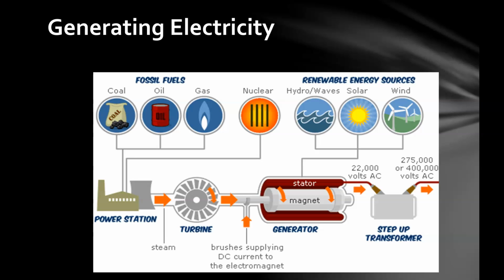You already know that Canadians use over 2 times 10 to the power of 18 joules of electrical energy every year. And so where does all this energy come from?